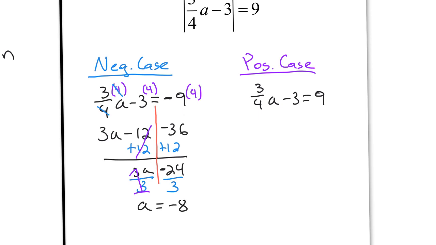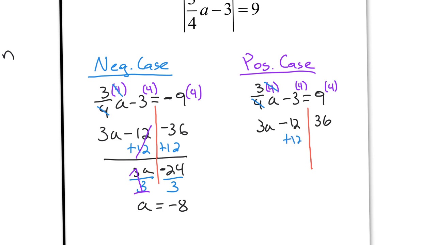So that's one answer. The other answer, same thing, you have a fraction, so I'm going to multiply everything by 4 so I can get rid of fractions, times 4 and times 4. I'm going to simplify the 4 and the 4 here. So we have 3a minus 3 times 4 is 12. Let me bring down the line, and we get a positive 36 this time on the other side.